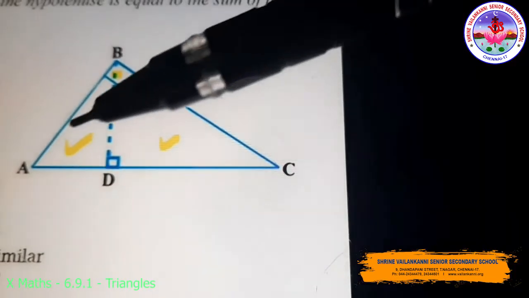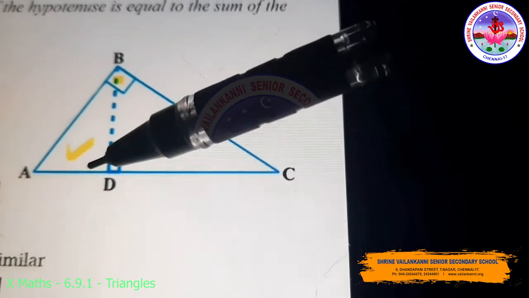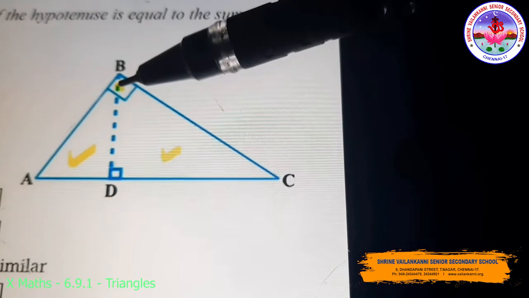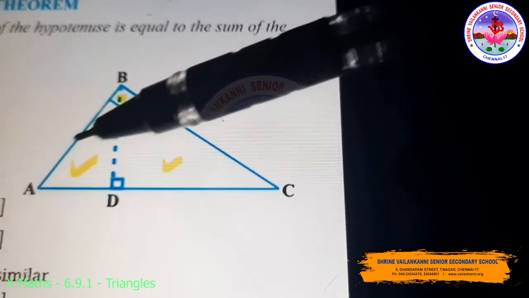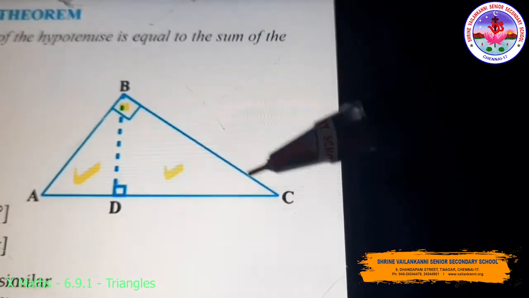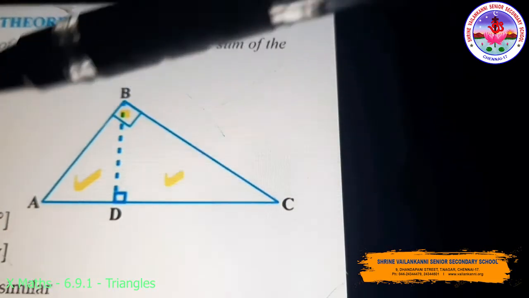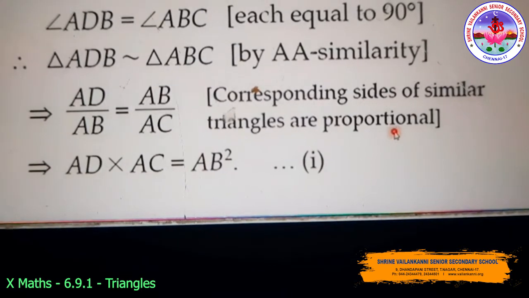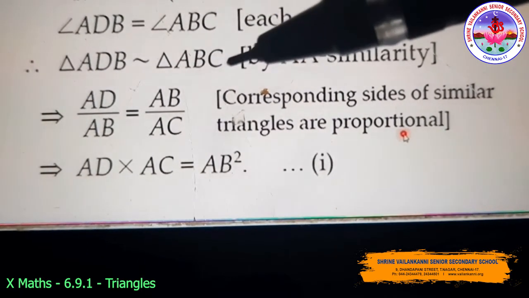Now, we will see in the figure, angle ADB is 90 degrees and angle ABC is 90 degrees, and angle A is common to both triangles ABD and triangle ABC. So I have taken AA similarity. Now by AA similarity, triangle ADB is similar to ABC.